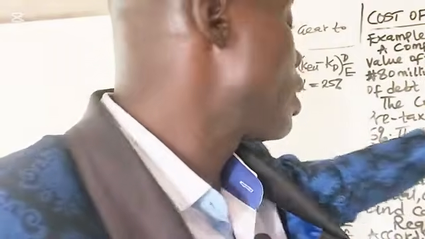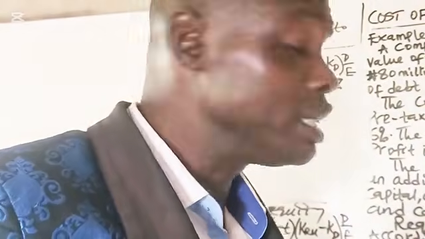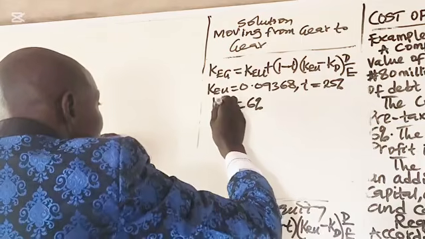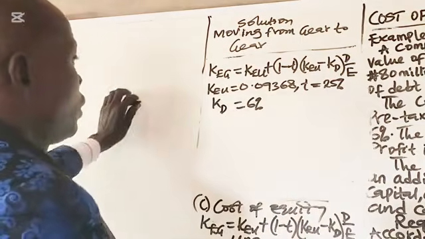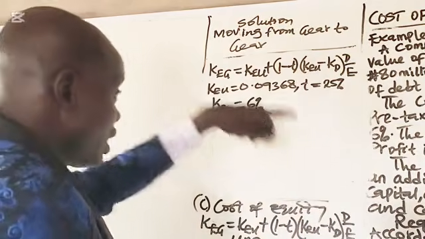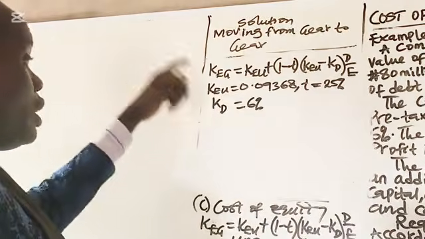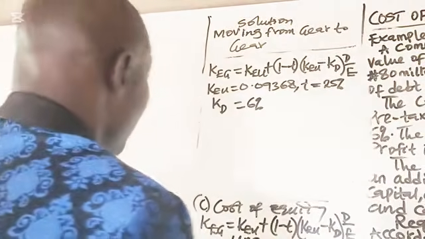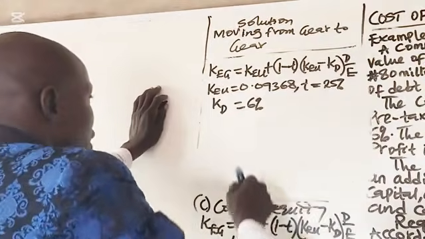Since that line is horizontal, at all levels of gearing the cost of debt remains the same. That is why we are still using 6% for cost of debt.